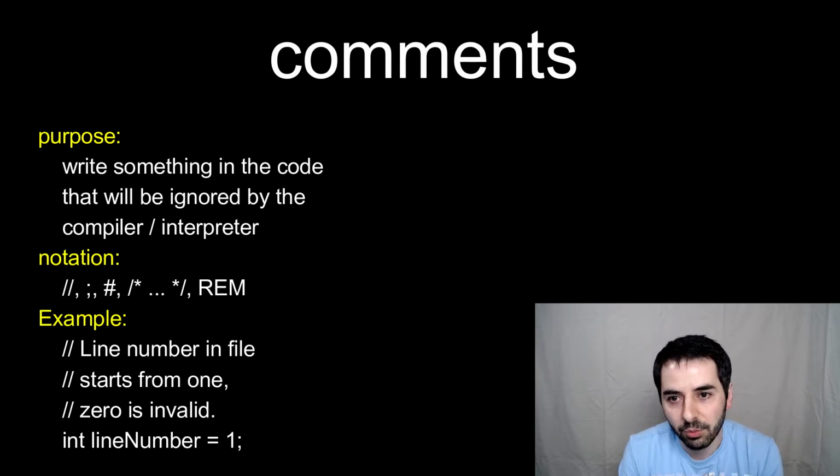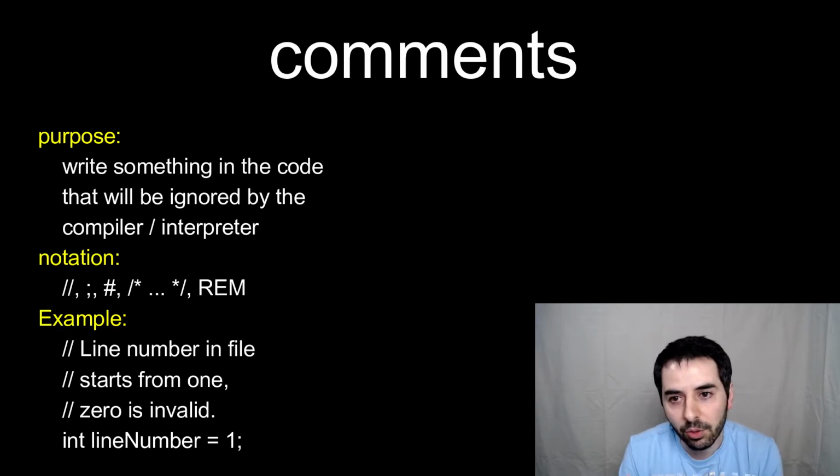Comments come in handy in all these cases, and different programming languages have different notations for denoting comments in the source code. The mainstream imperative languages use the double slash for one-line comments, and slash asterisk for opening a multi-line comment and asterisk slash for closing it.